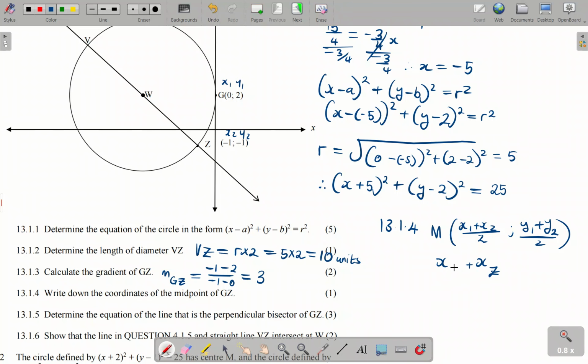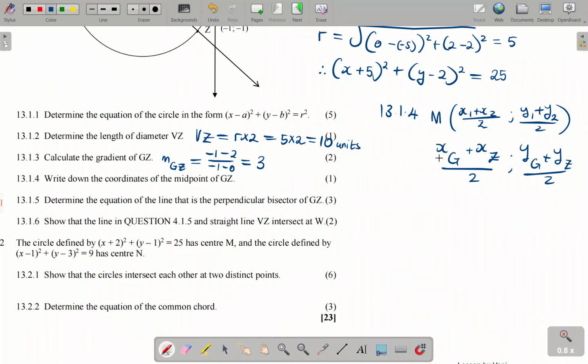Remember, I gave the naming that this should be x1 plus x2. So it means x1 is the g, x2 is the z there, and then all over 2. And this is yg plus yz all over 2.